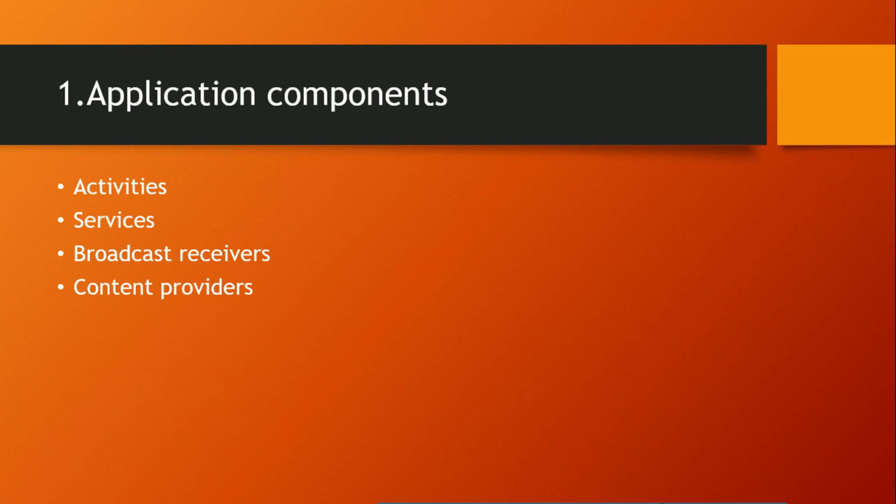And by delivering that alarm to a broadcast receiver of the app, there is no need for the app to remain running until the alarm goes off. And the content providers.